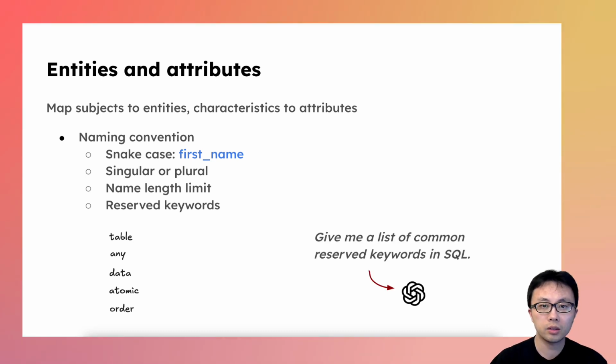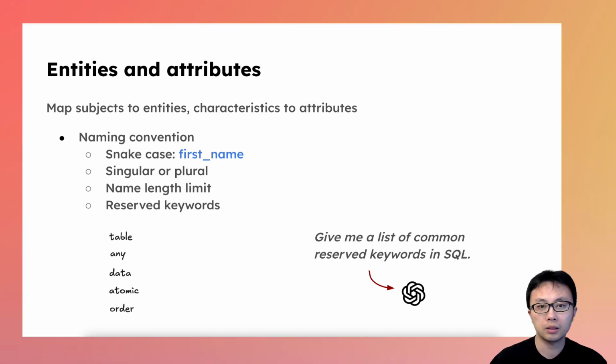If you want a list of common reserved keywords in SQL, generative AI can help a lot. However, if you want a list of reserved keywords of a specific database system, like MySQL, you need to check its manual instead of relying on generative AI, because the information from generative AI tools may not be fully up to date.